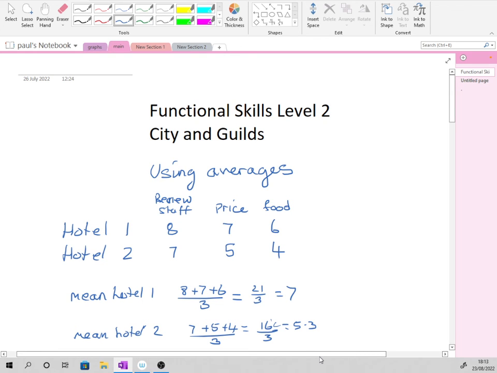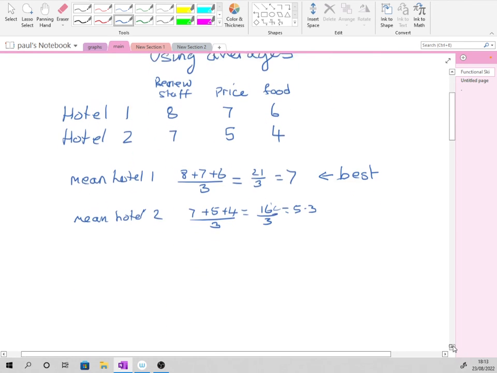I think it's going to be 5.3. Let's do that on the calculator. 16 divided by 3, 5.3. Yeah, it's 5.3333, right? So this one has the best average as far as the mean is concerned. Yeah, so we can use the mean.